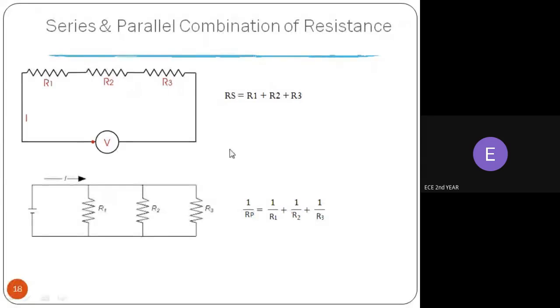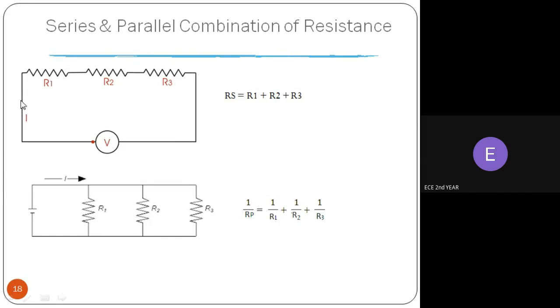So one more thing in the series combination. In the series combination, the current flowing through R1, R2, R3 is the same.